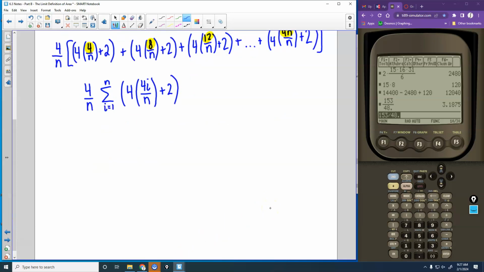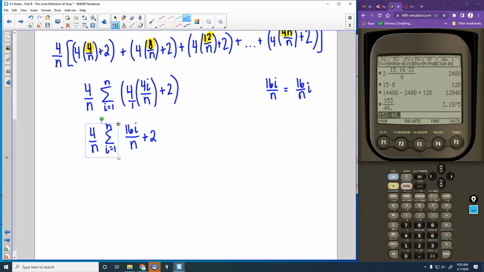So stick with me here. We want to put this over 1. We want to simplify this as much as we can. So just leave that 4 over n out here. Sum from 1 to n of 16i over n plus 2. I can think about that 16i over n as 16 over n times i, right? That's the same.